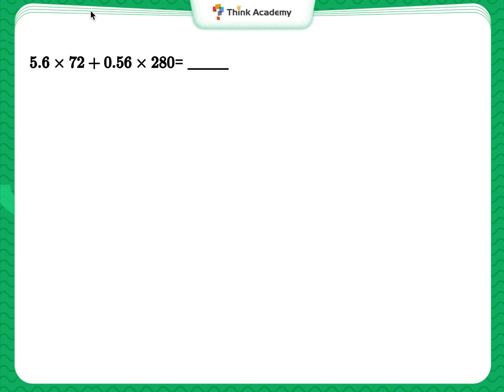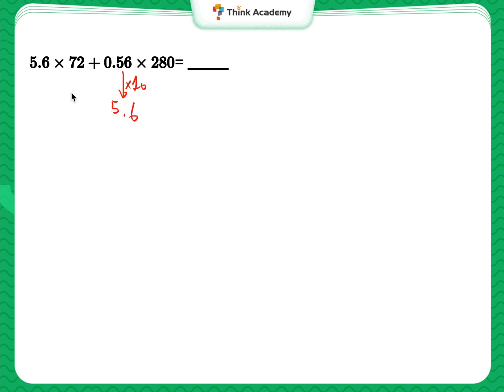And then moving on to the next one. So this one is looking a little bit different because I have 5.6 in my first multiplication, but 0.56 in my second one. Now we need to know one thing, that in a multiplication, if I am expanding one of the multipliers by 10 times, that's how I get 5.6, right?